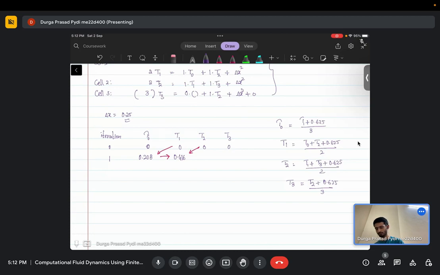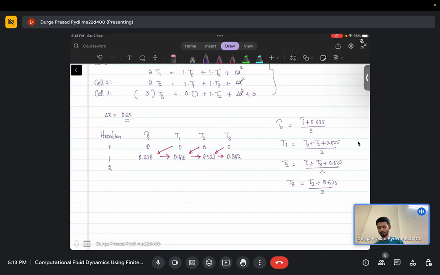And then to update T2 we need values from T1 and T3, so T3 goes here, T1 also goes, so if you substitute the values, T1 0.416 plus T3 is 0 plus 0.625 divided by 2. And for T3 we just have contribution from T2, that gives us T2 plus 0.625 over 3. So this is for iteration 1.